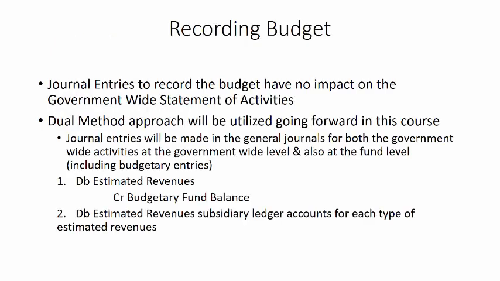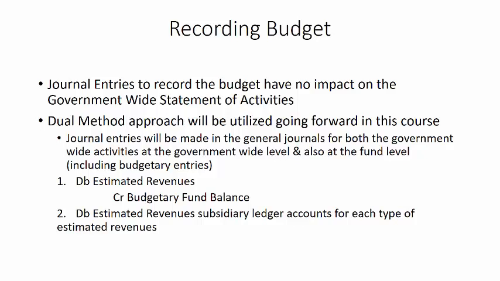Again, when you go about recording the budget, keep in mind you've got journal entries that need to be done to the budgetary accounts, and then you've got subsidiary ledgers underneath those accounts based on classifications.